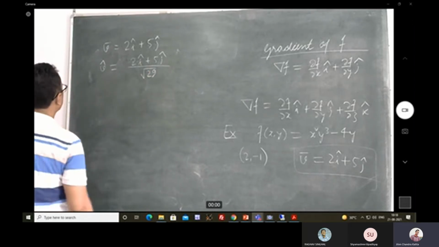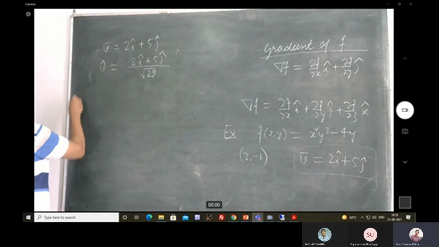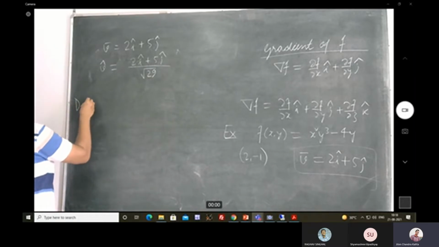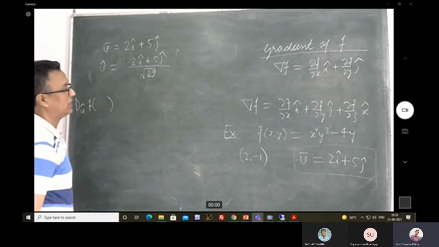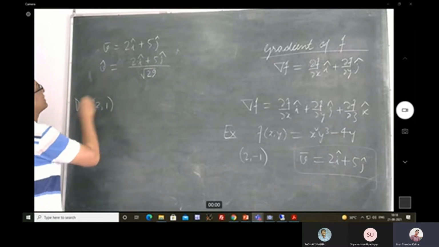Then, to find the directional derivative, I will find the directional derivative of f at the point (2, -1).